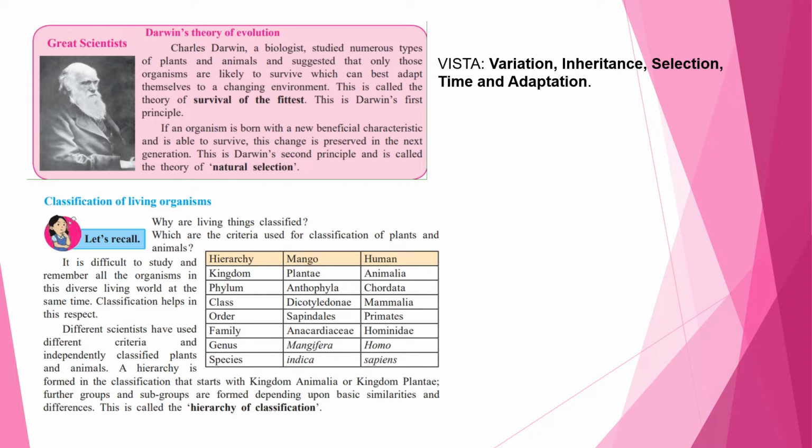It means if an organism is born with a particular beneficial characteristic and is able to survive in the changed environment, that is natural selection, and it has 5 steps. The steps are variation, inheritance, selection, time, and adaptation. You can remember them as VISTA, the abbreviation of these 5 steps.